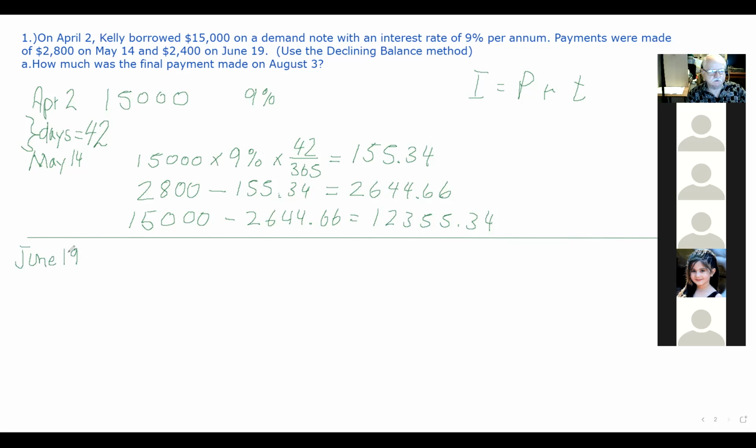So Kelly walks into the bank on June 19th, says, I'd like to make a payment. The first thing the teller has to do is figure out how many days have transpired since the last payment.